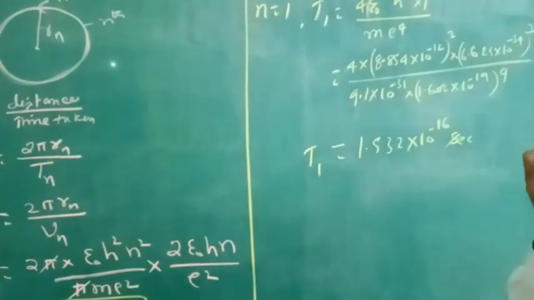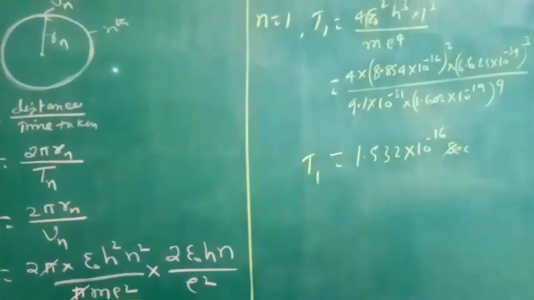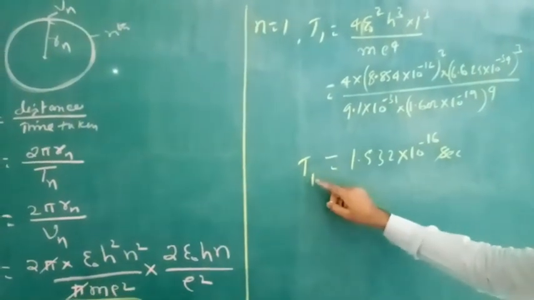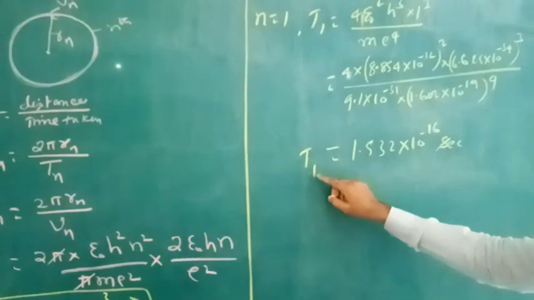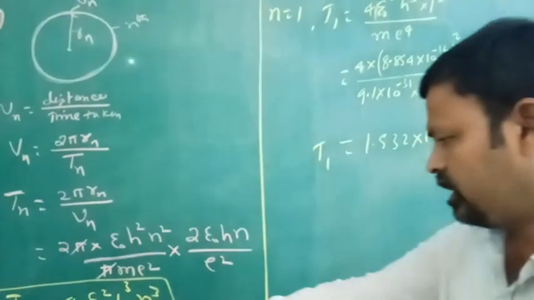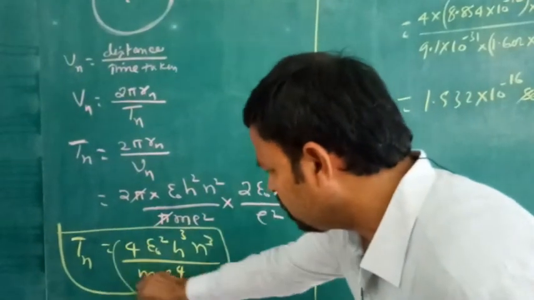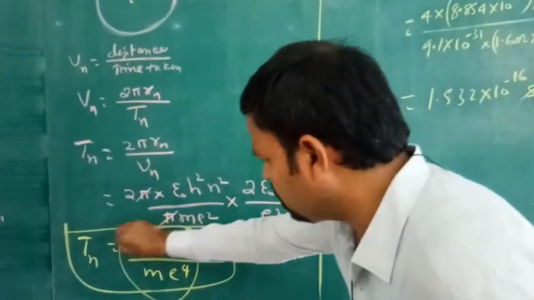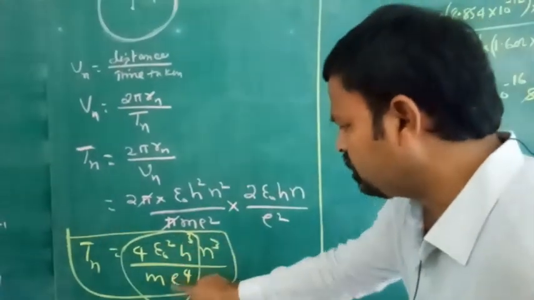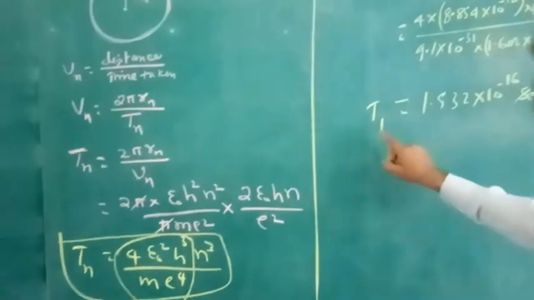Because it is time, this is the time period of an electron revolving in the first orbit. So by using this formula, all the others are constants, that is nothing but T1.